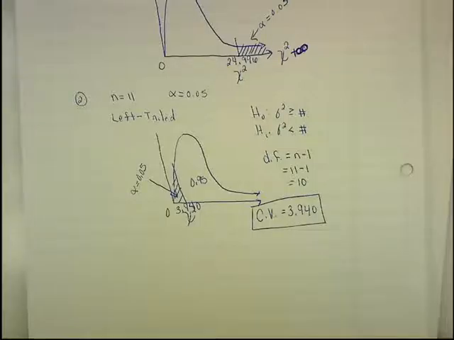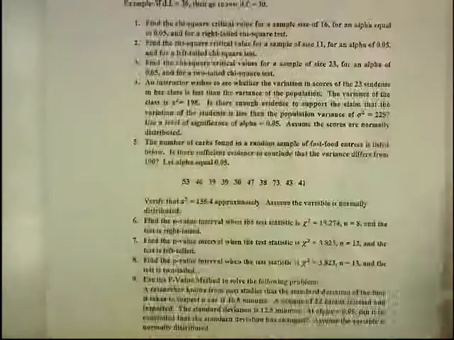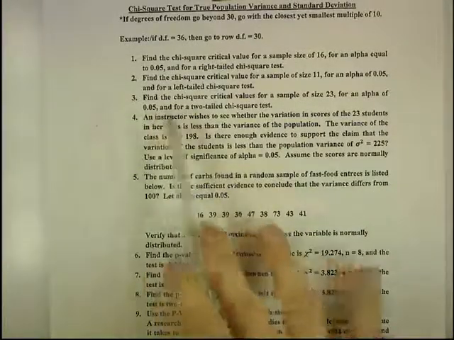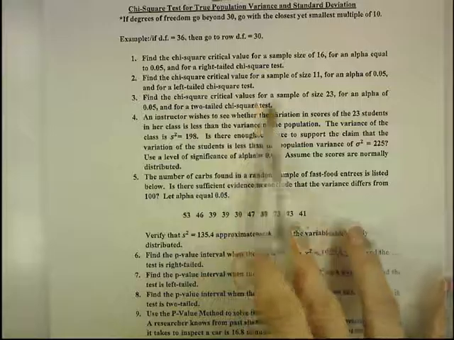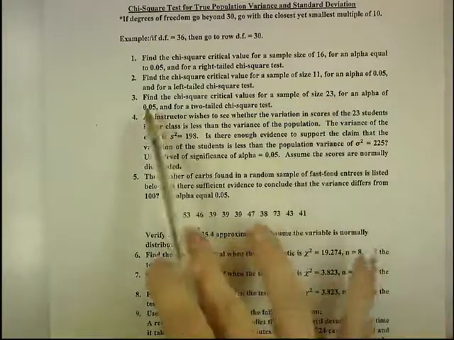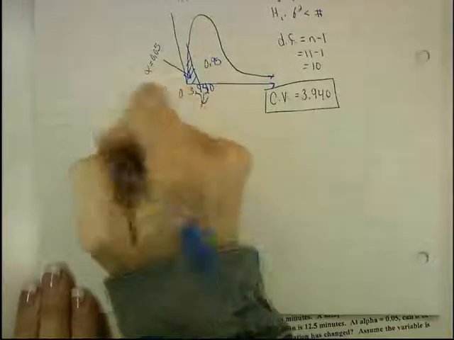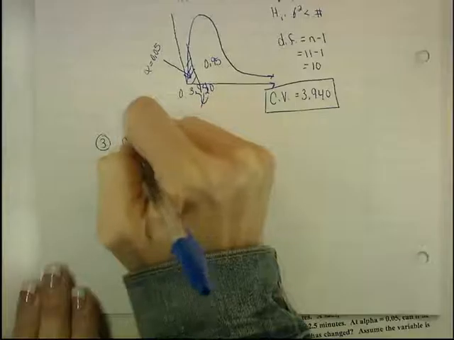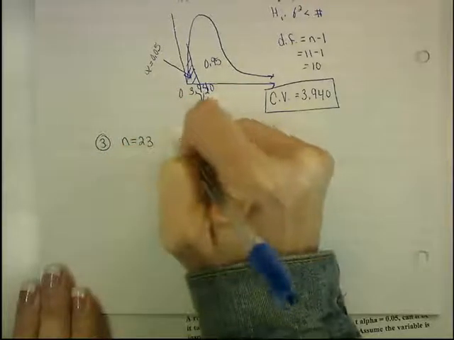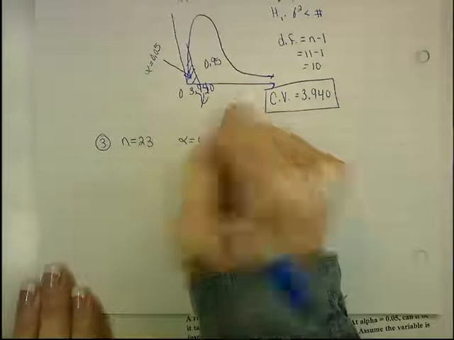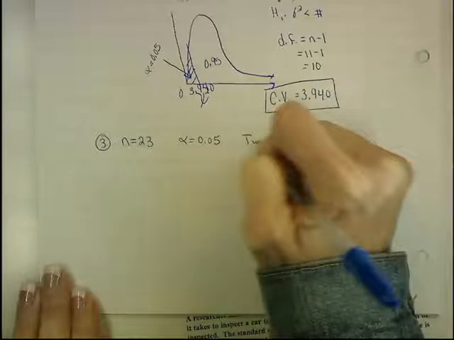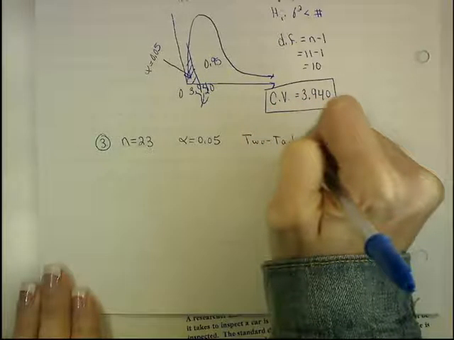The next problem, number 3, is a left-tailed chi-square test. Excuse me, two-tailed. Find the chi-square critical values for a sample size of 23, an alpha of 5%, and it's a two-tailed chi-square test. And I'll write that here. Sample size is 23. Alpha is still 5%. Remember, alpha determines critical values, and it's a two-tailed chi-square test.